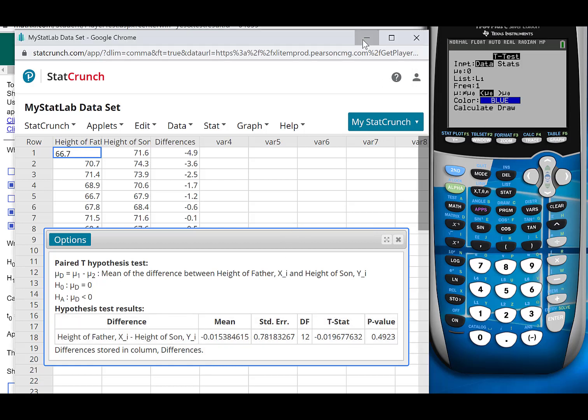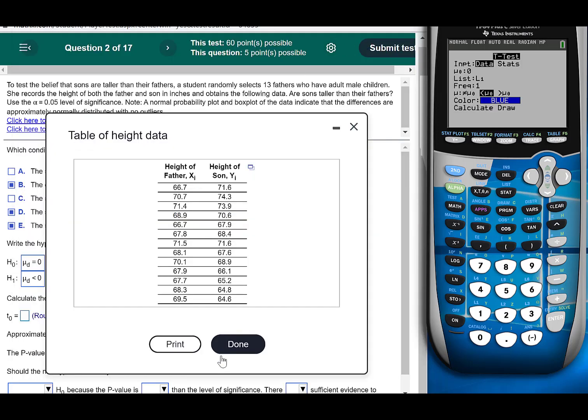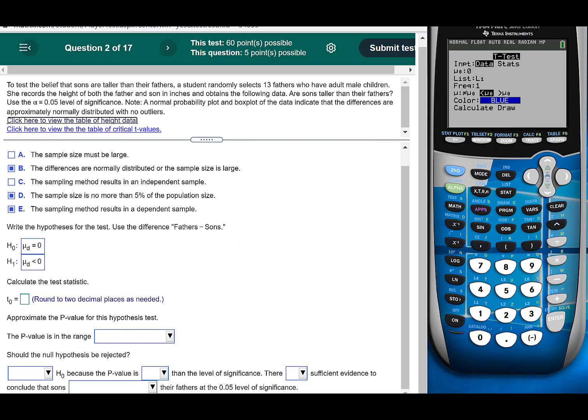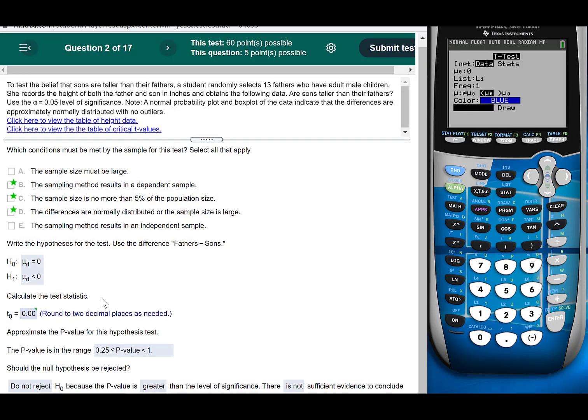Okay, so I'm going to be done here, and I'll show you the completed solution. And here he didn't want the p-value. He says is the p-value you choose in the range of between 0.25 and 1. And since alpha is 0.05, the p-value is more than alpha, so you fail to reject the null hypothesis.